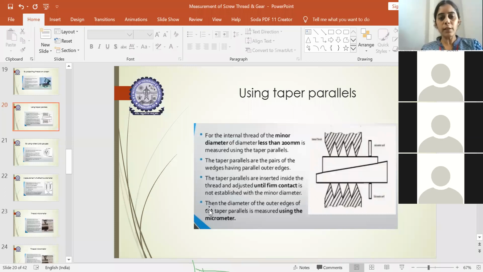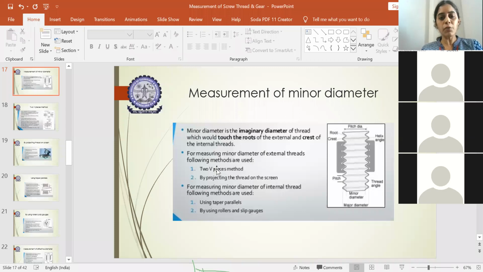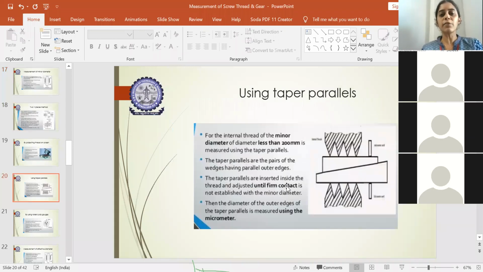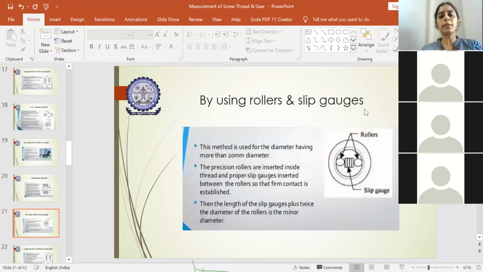So this was for determining the minor diameter for external threads. Next you have to see measuring the minor diameter for internal threads. For internal threads we use taper parallels. This is one method, and the other method is using rollers and slip gauges.